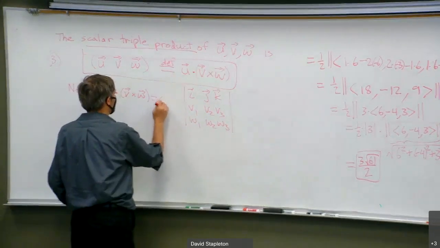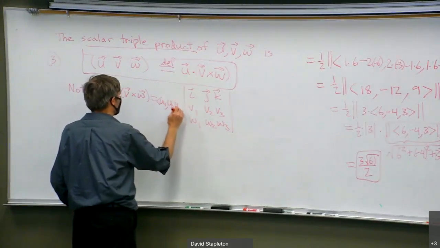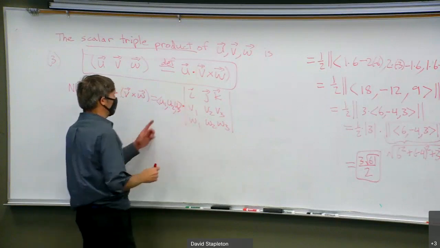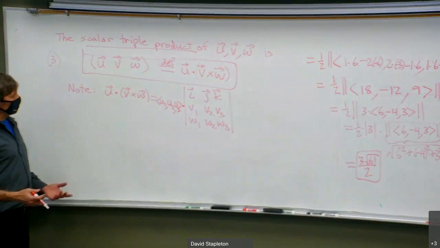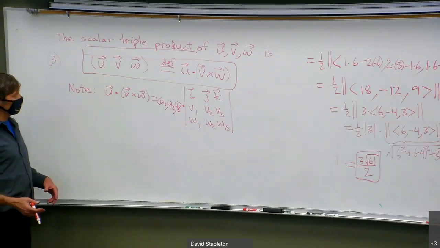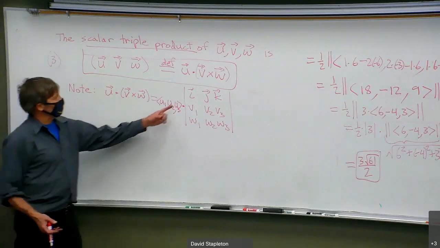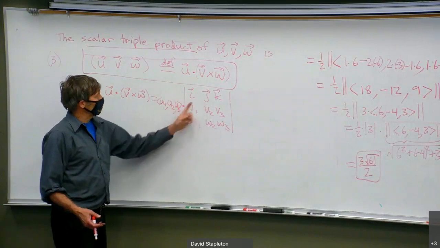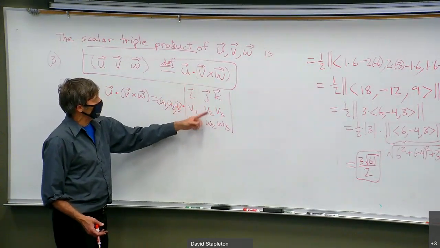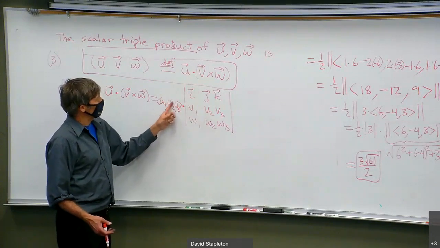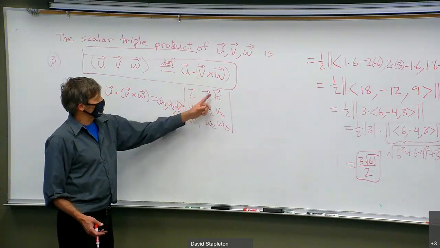U is the vector U1, U2, U3, dot product with this. How do you dot product two vectors? Multiply their first components and second components and third components and add them all together, right? That's exactly what you get if you replace I with U1, J with U2, and K with U3. It makes U1 multiply what used to multiply I, which is the first component of this vector. U2 multiplies whatever multiplies J, and U3 multiplies whatever multiplies K, and add them all together.